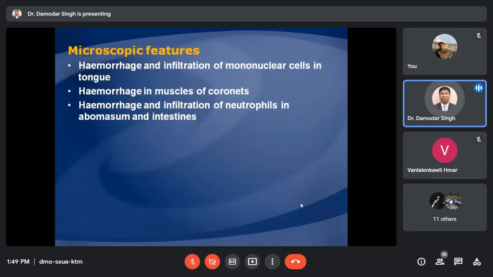Then microscopically, you may find hemorrhagic lesions and infiltration of mononuclear cells when you see the tongue section. Okay, and the muscles of the coronary band, coronets, may also show hemorrhagic lesions, and many of these hemorrhagic lesions may also be found in the sections of the abomasum as well as the intestine, with infiltration of many inflammatory cells, mostly neutrophils.